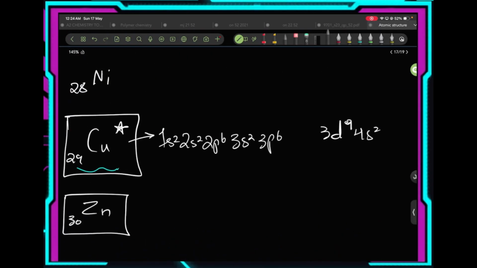Now in the case of copper, what was copper's electronic configuration? It was 3p6, 4s2, that is 20, and then there's 3d9. Now what do you see? You see a d orbital that has 9 electrons.